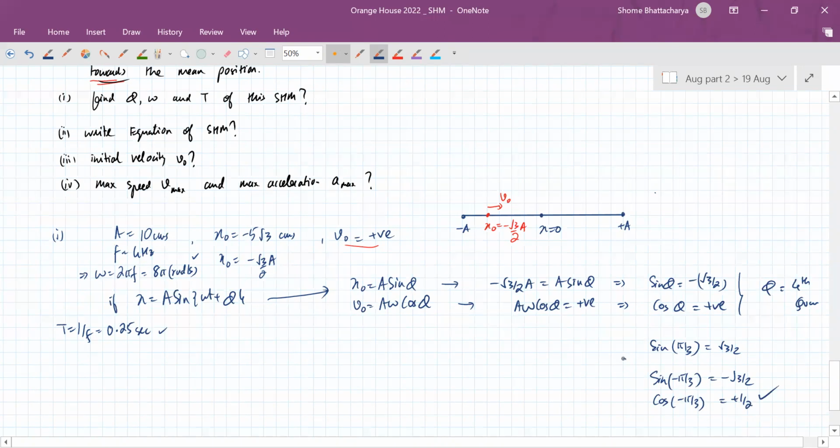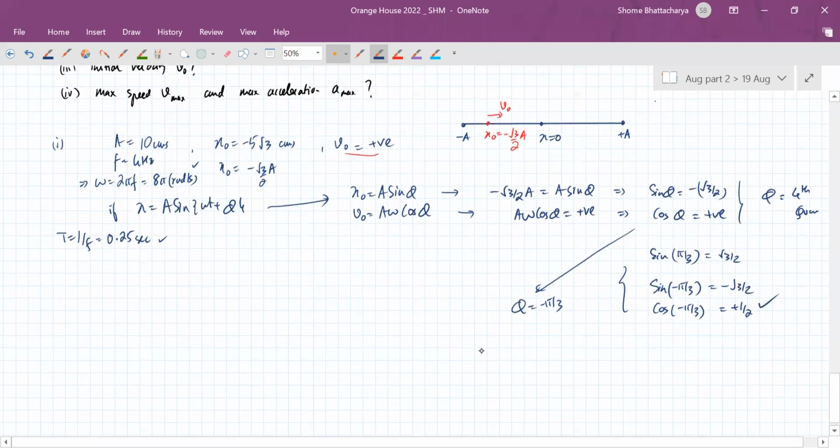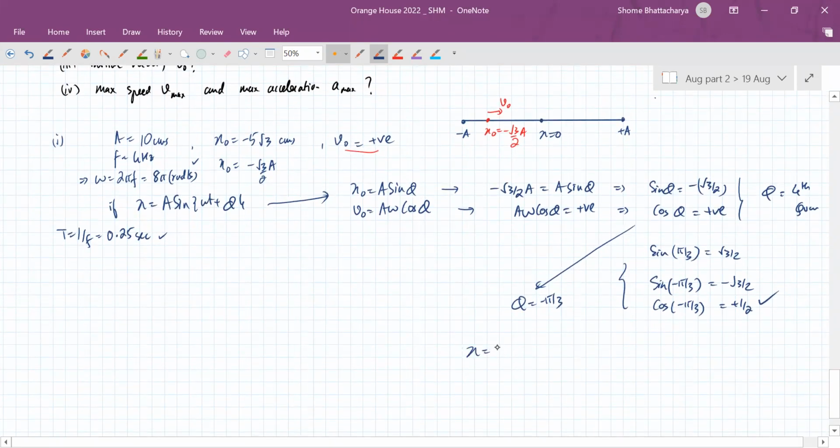So from that we know that the phase constant phi should be how much? Minus pi/3. So now we know the equation of SHM: x is equal to 10 sine (8 pi t minus pi/3). This should be our equation of SHM.